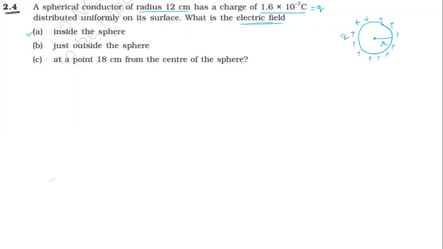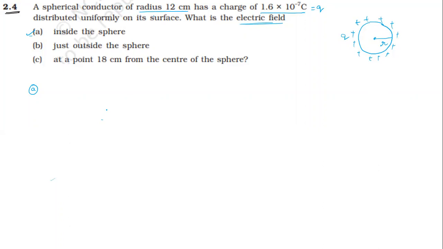First case A, inside the sphere. Tell me, is there any calculation required for this? No, because we have proved already, when we did electrostatics of conductors, the properties of conductors.